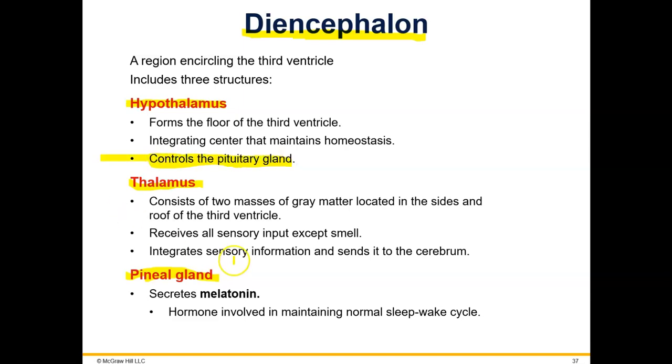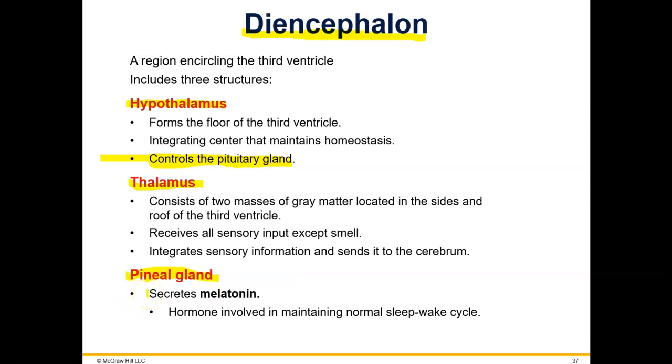The thalamus integrates a lot of sensory information, vision, taste, hearing, and sends it to the cerebral cortex. So a lot of sensory information goes to the thalamus first, and then to the cerebrum or cerebral cortex, to those areas in the different lobes.